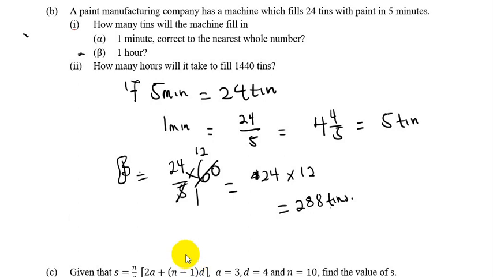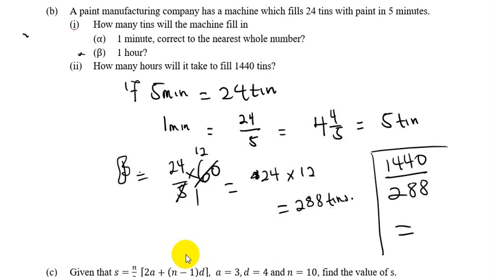We just have to divide the 1440 by the 1 hour, that's 288 tins, right? So it's going to be 1440 divided by 288, and that is clearly going to give us 5 hours. So for 5 hours, the machine will fill 1440 things. Just simple like that.